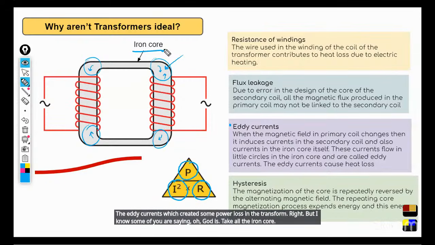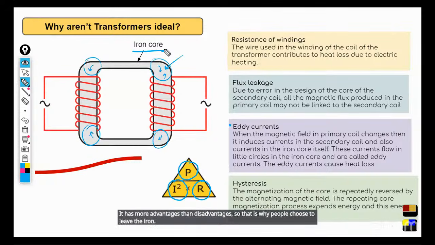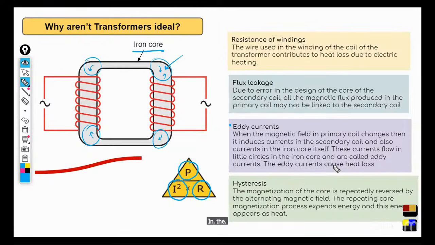The iron core is one of those things that does more good than bad. It has more advantages than disadvantages. So that is why people choose to leave the iron core in the transformer. Take down the third method, the third reason for power loss.